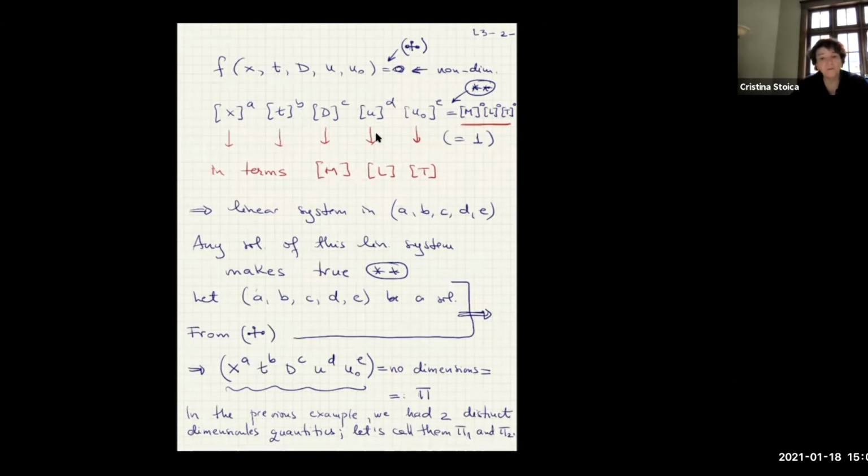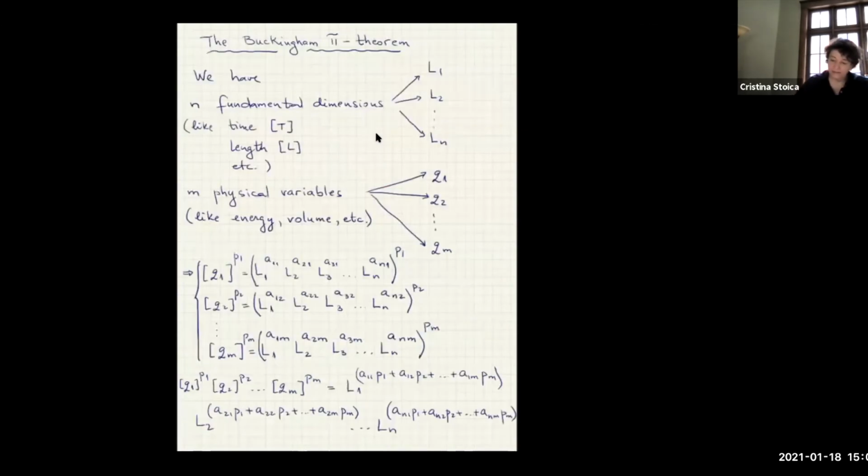Okay, and we're going to go back to the example, but first I want to state this theorem so you see it in its full splendor. So we have n fundamental dimensions in a physical phenomenon that we're describing using some physics law.